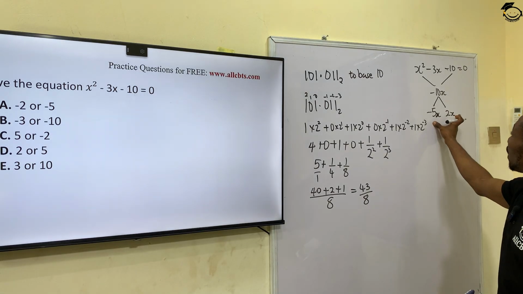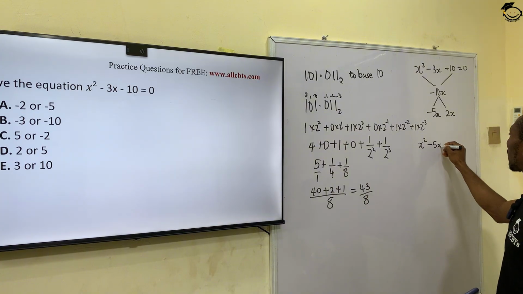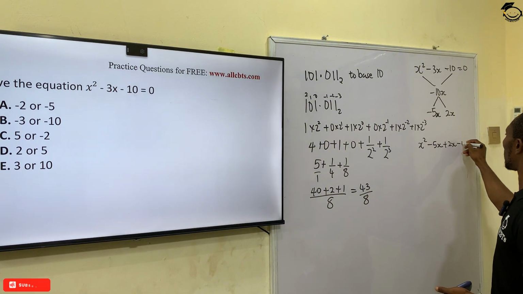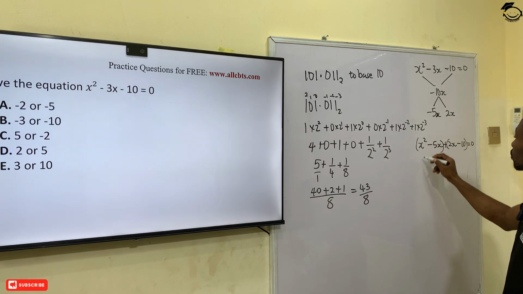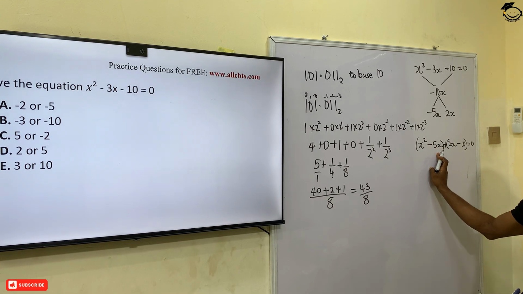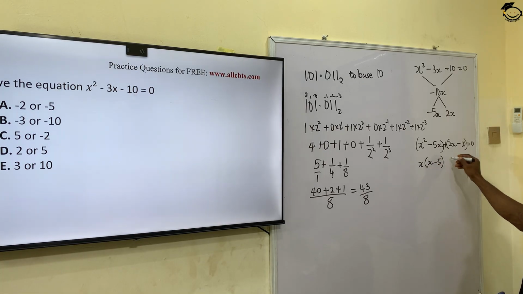Now, substituting this, we have x squared minus 5x plus 2x minus 10 equals 0. Grouping them, our common factor here is x, so this becomes x minus 5. And our common factor here is 2, so this becomes x minus 5.